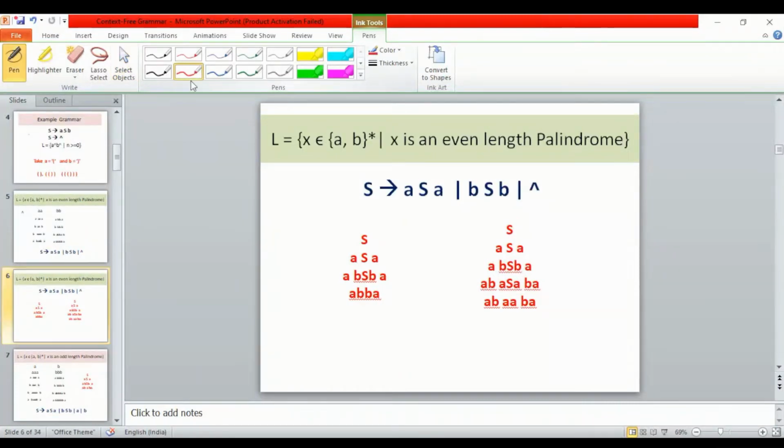You have to slightly modify this. Like this, ABA, or we can say BAB, which are odd length palindromes. Or we can say ABA. So you can see that we have to do some modification. I'm giving you a hint also that what changes we have to do.